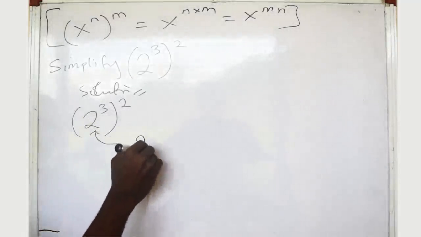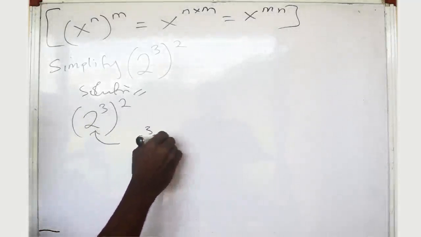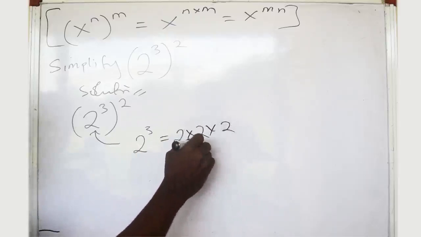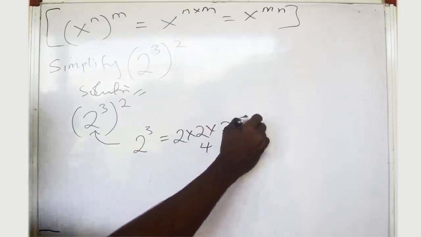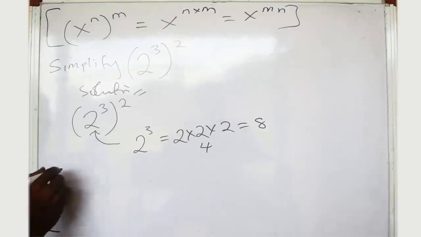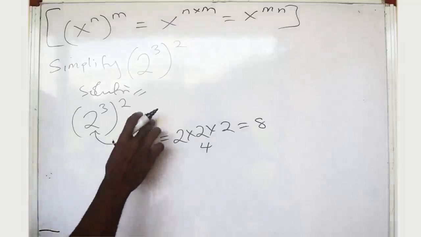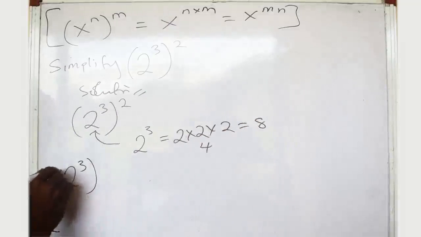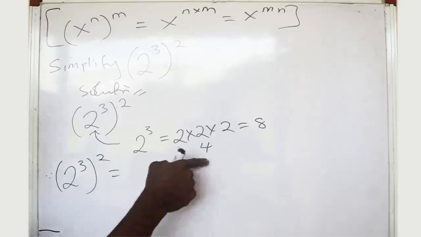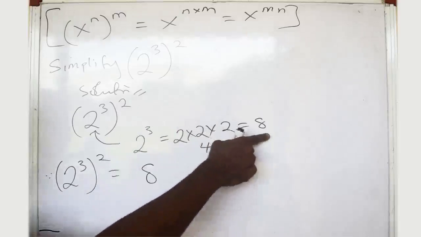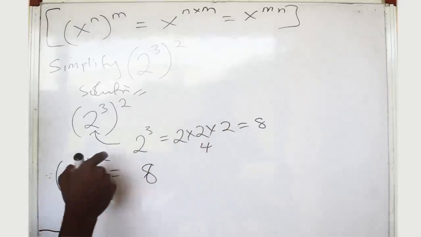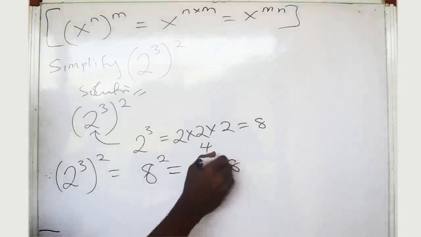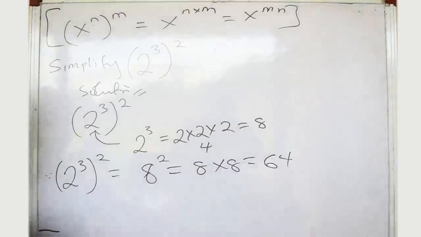That means we have to deal with 2 raised to the power 3, which means to repeat 2 to the value of the power, which is 3. 2 times 2 is 4. 4 times 2 is 8. Since we have gotten 8, anywhere you see 2 raised to the power 3, it means that 8 is there. So 2 raised to the power 3, all raised to the power 2 is the same thing as saying 8 raised to the power 2, and 8 raised to the power 2 means 8 times 8, which is 64.